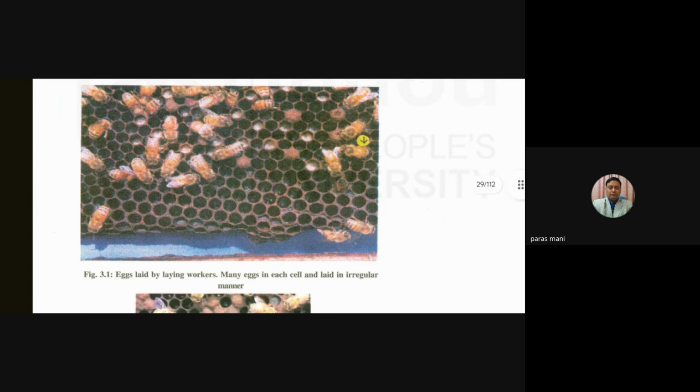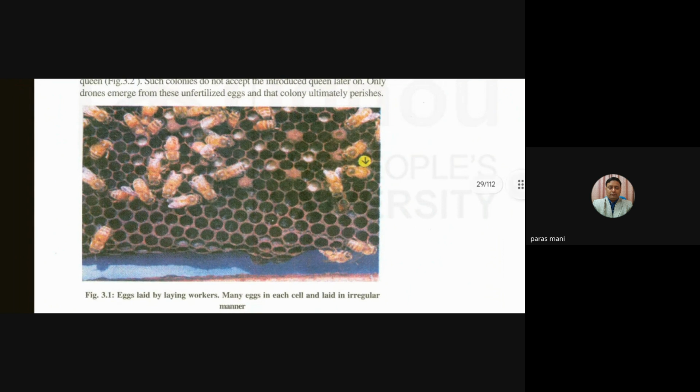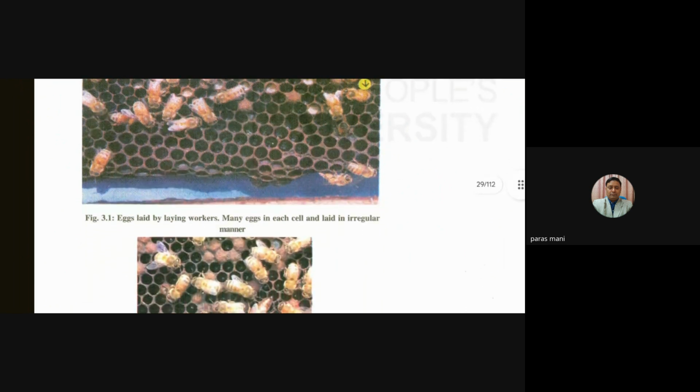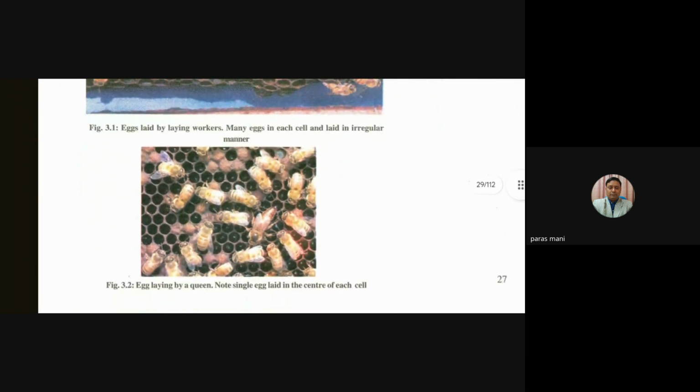That is, if the eggs are laid by a fertile queen bee, the eggs will be erect and perpendicular to the cell base. If it is laid by workers, that will not be so. The eggs will be laid in different directions.